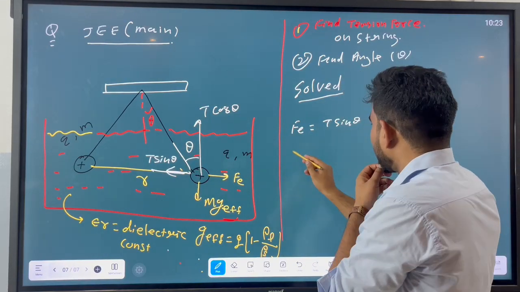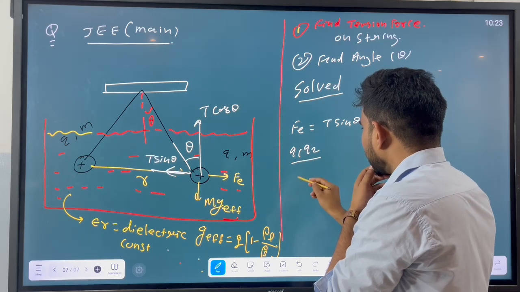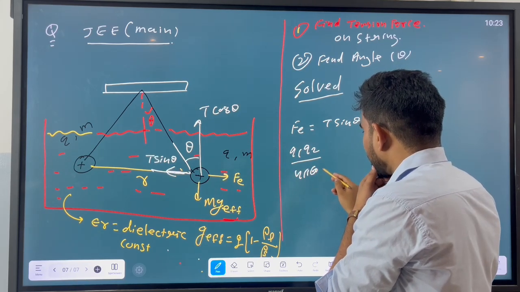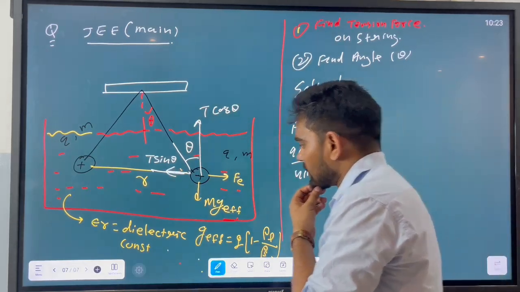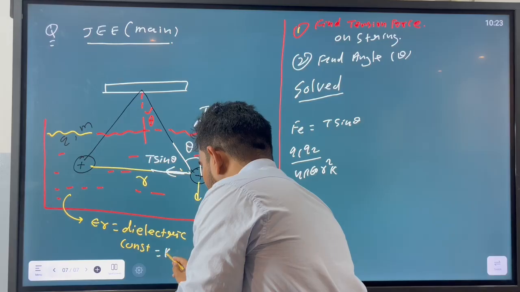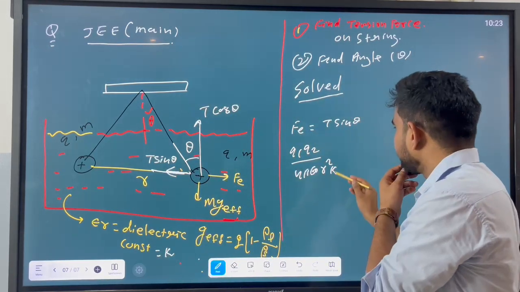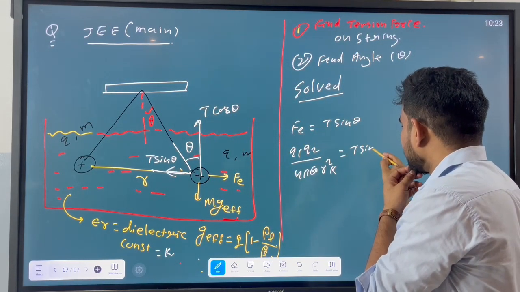and the value of the Coulomb force is Q1 times Q2 divided by 4 pi epsilon naught r square times k, where k is the dielectric constant of the medium, equal to T sin theta.